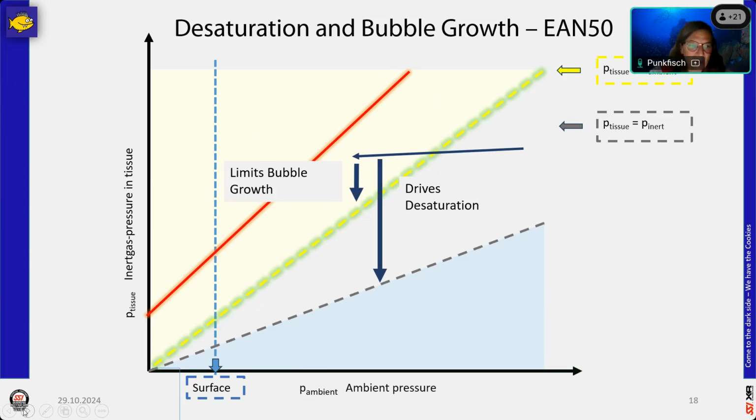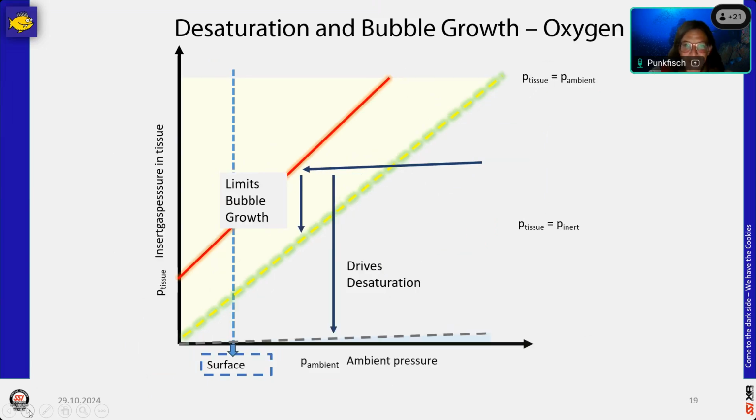This is why we use decompression gases for some more serious dives, which would be a little bit the same when we use pure oxygen. So there is close to nothing left from nitrogen, and we have a really fast and efficient desaturation while we have a limited bubble growth.